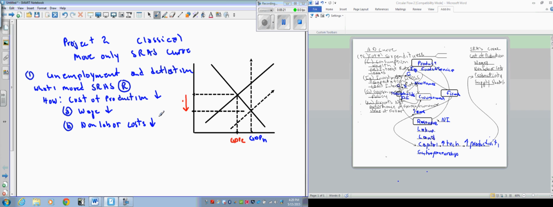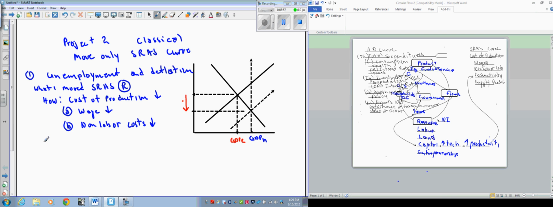And remember, they're saying it does it naturally. That's why in all four of these scenarios, 1, 2, 3, and 4, you will only talk about wages and non-labor costs decreasing. Because that's what classical theory is. Don't talk about productivity and do not talk about supply shocks. It's these two things that will affect the cost of production, which is going to make the move of the SRAS curve. In this case, SRAS is to the right, cost of production must decrease. In order for that to occur, wages have to fall, non-labor costs must fall.